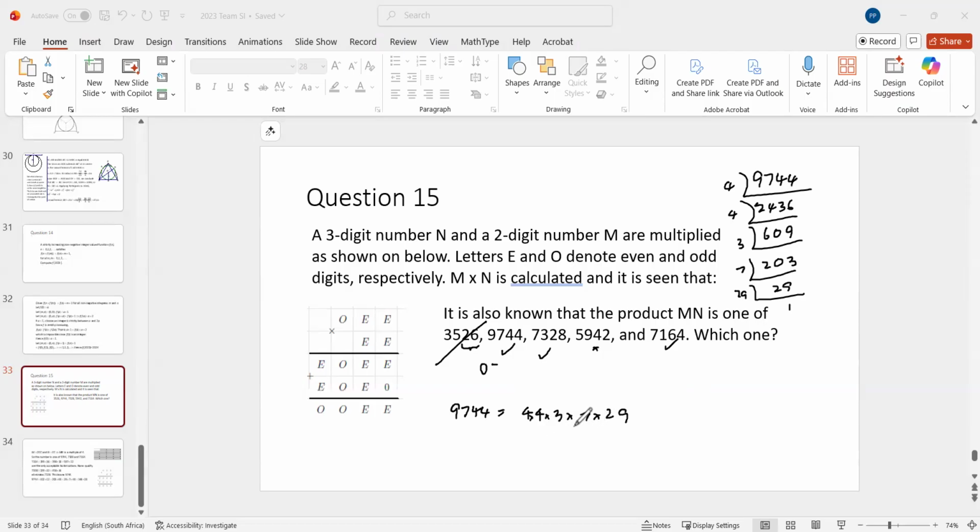Now you want to get a 3-digit number. There are several 3-digit factors. I want to look for a 3-digit factor. The 3-digit factors are 7 times 29, which is 203, and 203 times 3, which is 609.